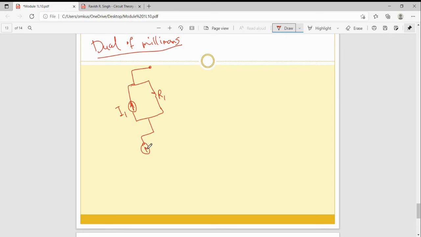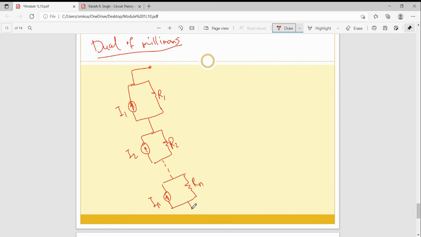Now, in the earlier one the voltage sources are connected in parallel, here the current sources are connected in series. Okay, so you can couple all these current sources into a single current source, and this is the dual of Milliman's theorem.